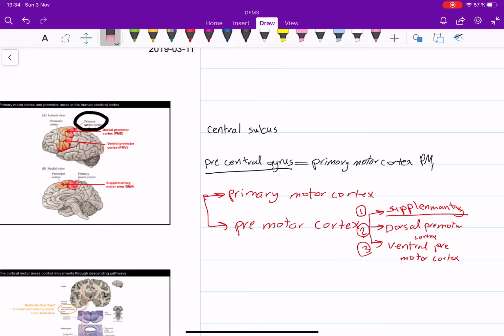The dorsal motor area is located in the dorsal surface of the precentral gyrus. So this is the precentral gyrus, and the dorsal part of it is the dorsal premotor cortex.